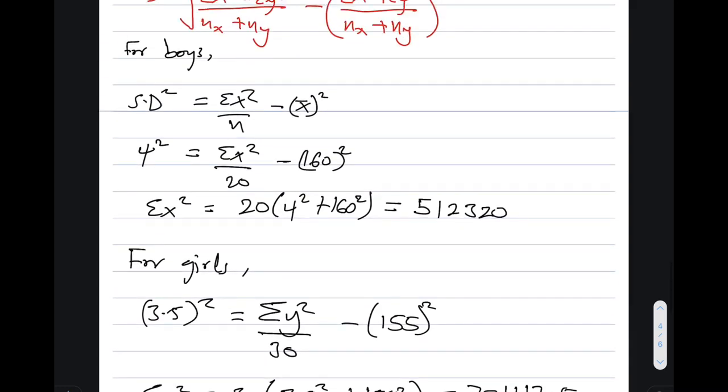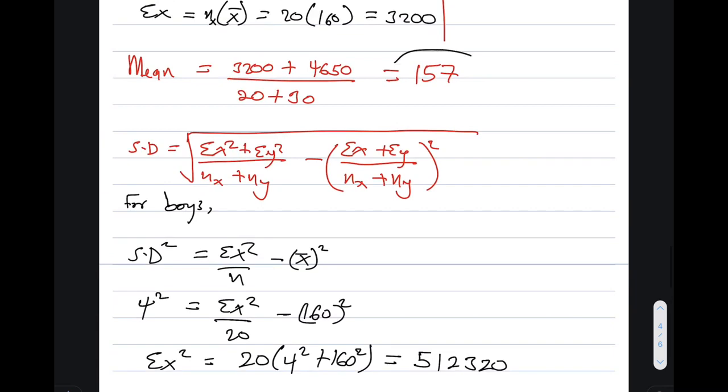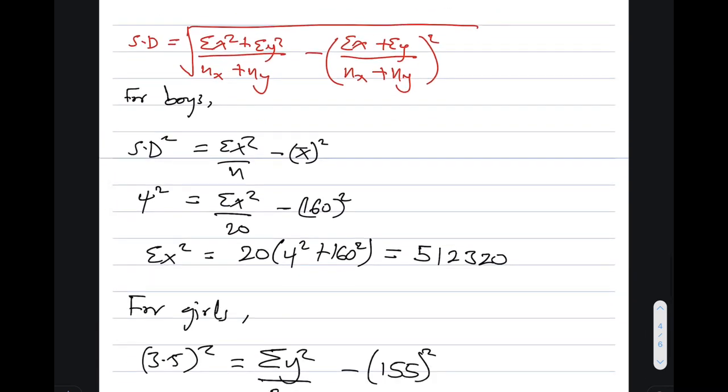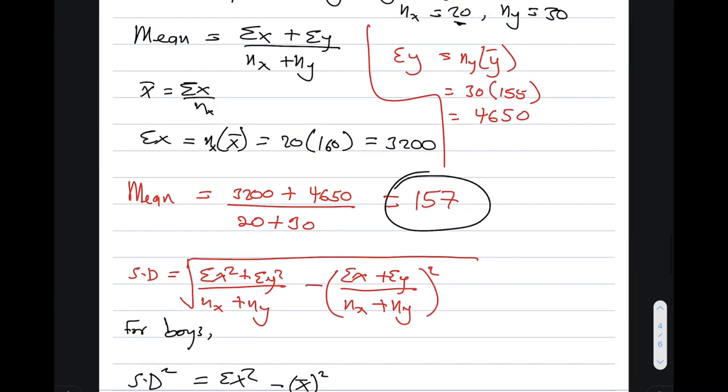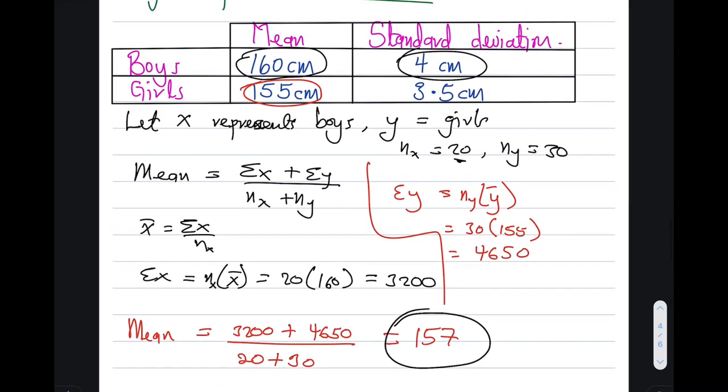But remember that the mean that we solved was 157. So minus the mean, which is the combined mean. Don't go and add the girls' mean and the boys' mean. Don't do that. That is a waste of time.